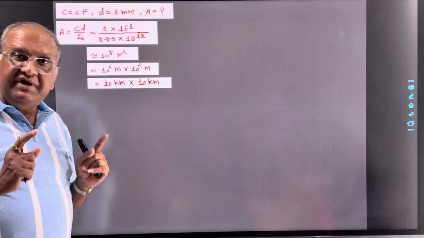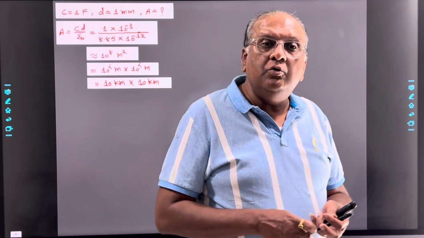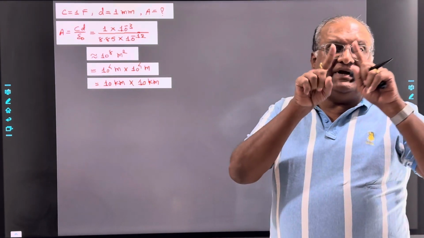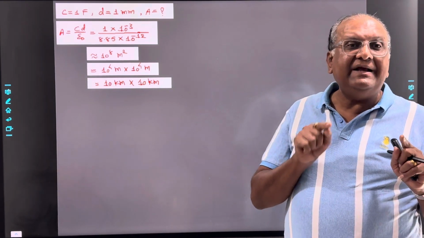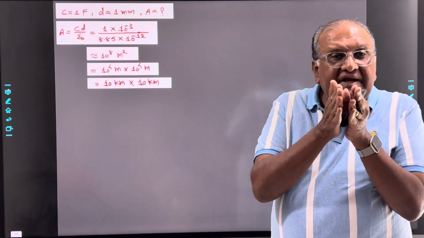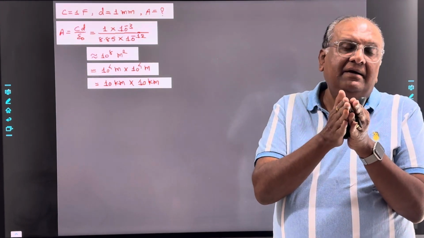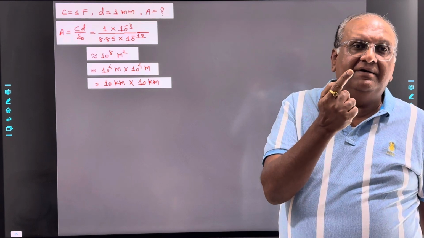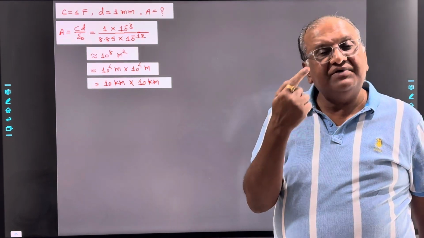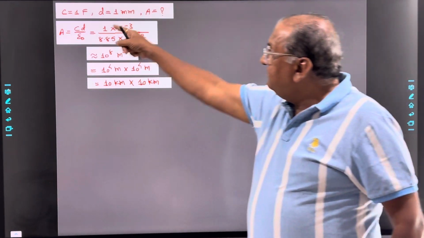So if we take two conducting plates with length and breadth equal to 10 kilometer, and these two plates are separated by 1 millimeter, then we will get a capacitor of capacitance 1 farad.